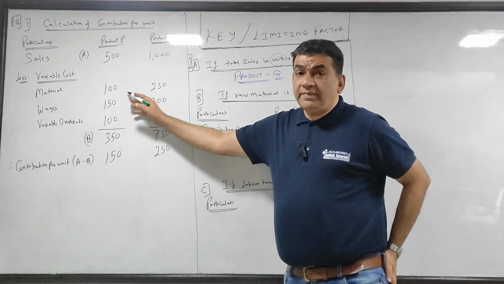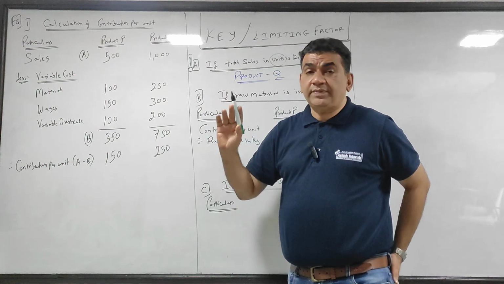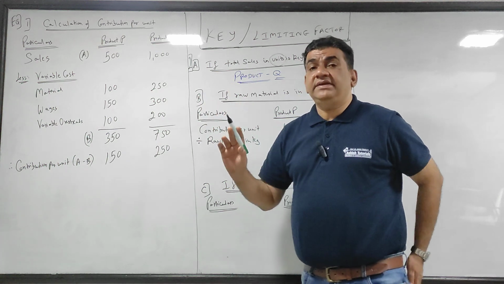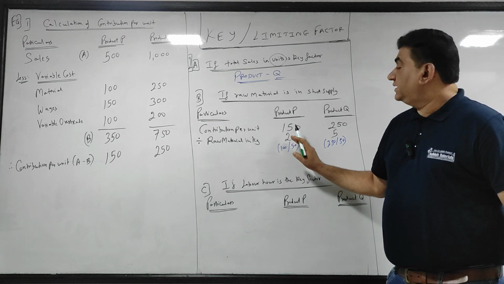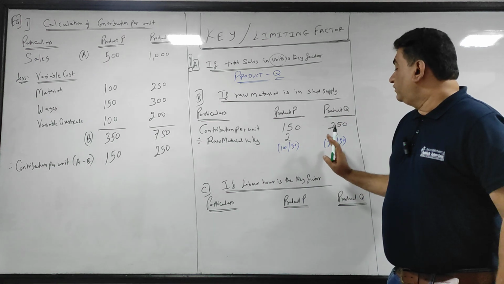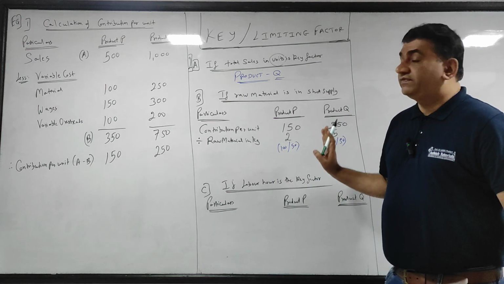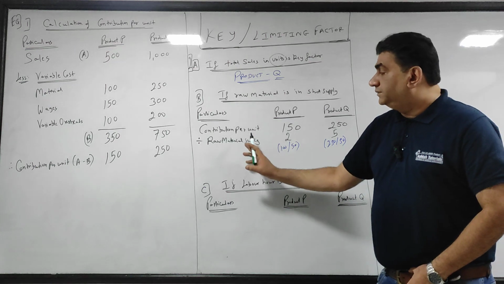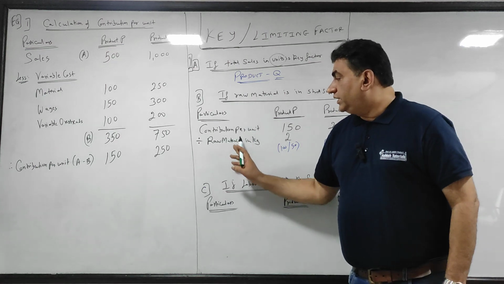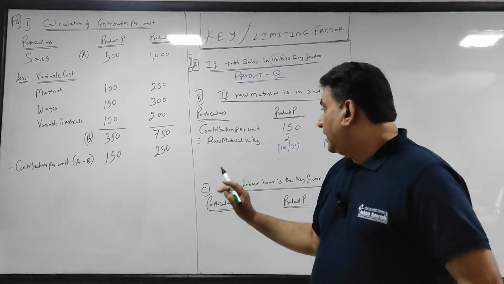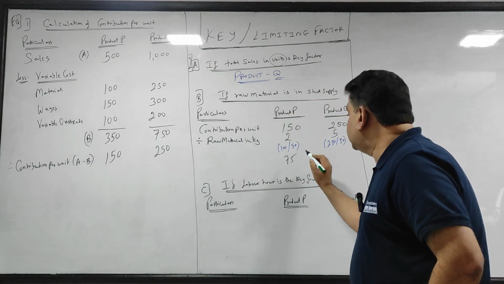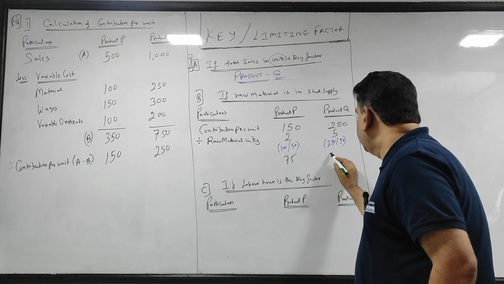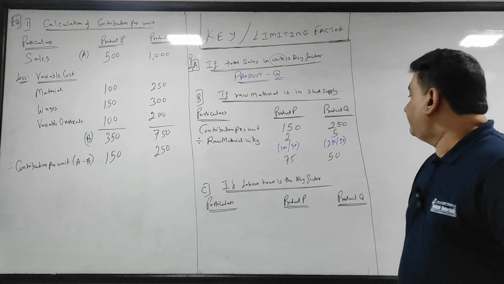Here I paid 100 rupees, the market rate is 50 rupees per kg, that means to manufacture one unit of P I need 2 kg, and for Q, 250 divided by 50 is 5. So now contribution per unit, divide it, and let's see the answer: 150 divided by 2 is 75, 250 divided by 5 is 50.